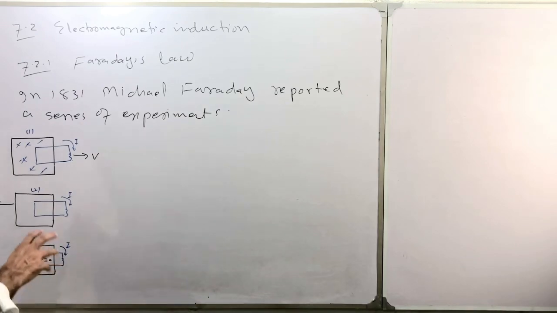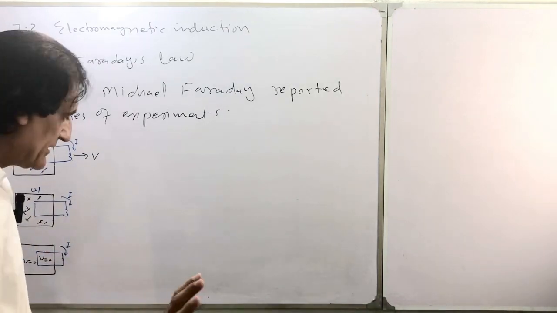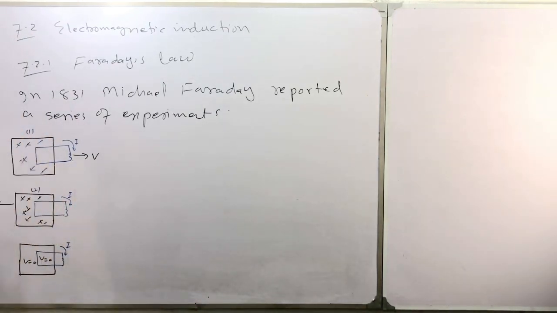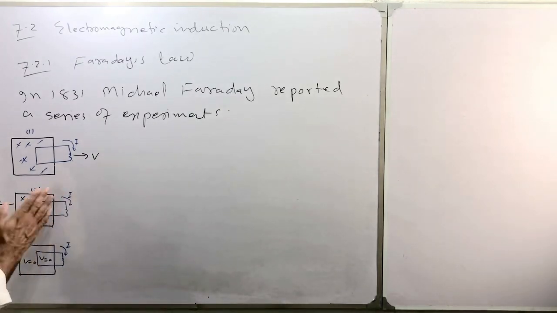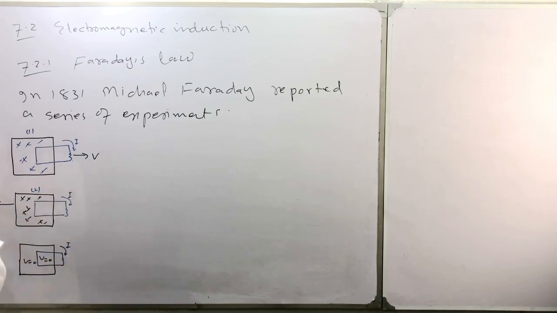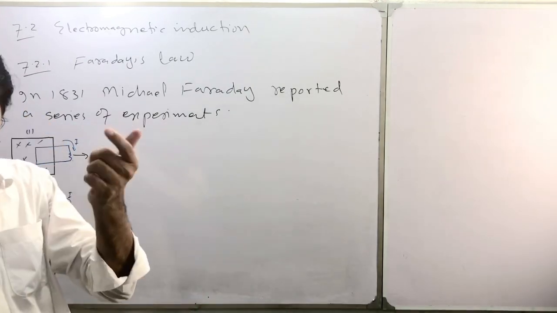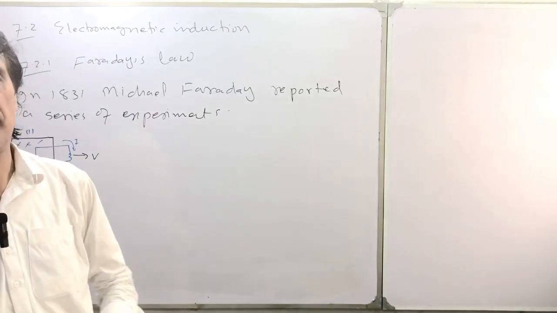In the second experiment, this is the magnetic field, and here the coil remains constant. The velocity of the coil is equal to 0, and they move the magnetic field in the opposite direction, to the left, and still they reported the EMF.